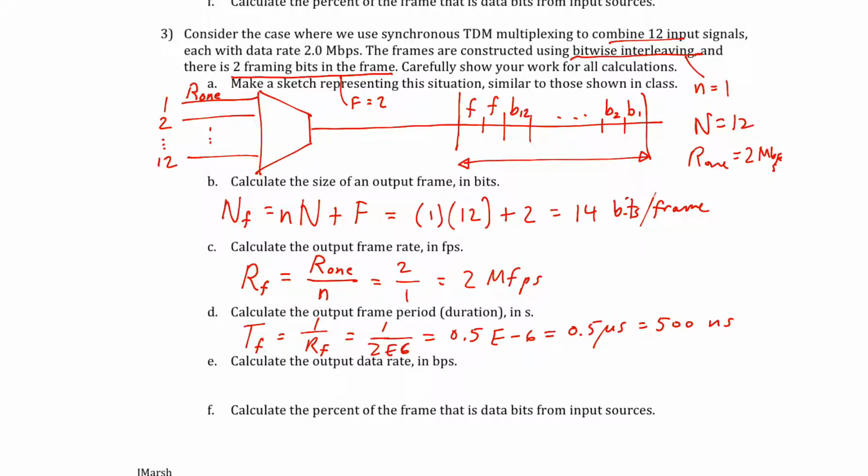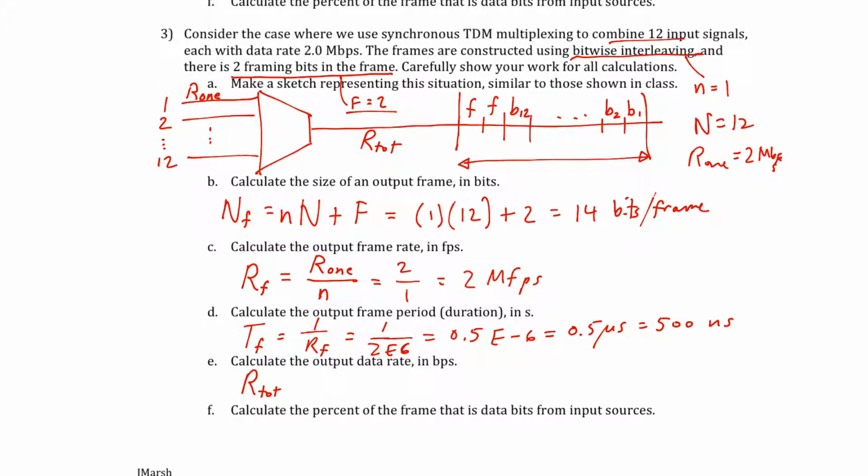The output data rate in bits per second. This is a little bit more complicated when F isn't equal to 0. Because now our output bit rate is R tot. In our notation here, R tot is the bit rate of the output. It's going to be a little bit more than the sum of the input bit rates because of the framing bits.